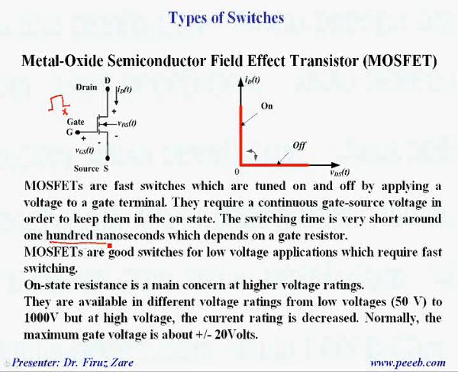And the point is that when a MOSFET is on, the conduction loss depends on the on-resistance. So at high voltage this resistance becomes high, so it's not a suitable switch for very high voltage applications because the total loss will be high.